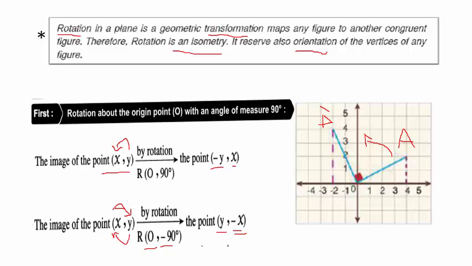A is 4 and 2. A dash will be negative y, negative 2, and 4. Negative y and x.